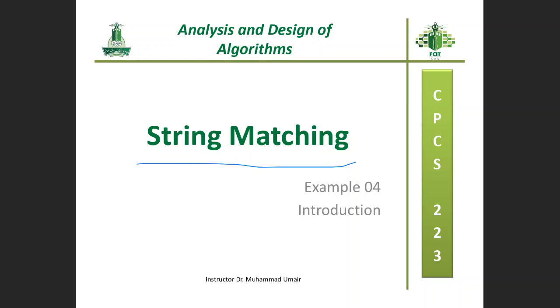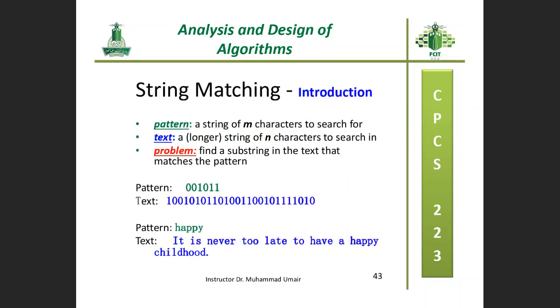So basically, whenever you are solving a string matching problem, you will have a pattern. The pattern means the string which you are looking for in a given collection of characters. So the pattern is a string of length m. M will be used to represent the length of the pattern, the characters to search for, and the text is actually a longer string of n characters.